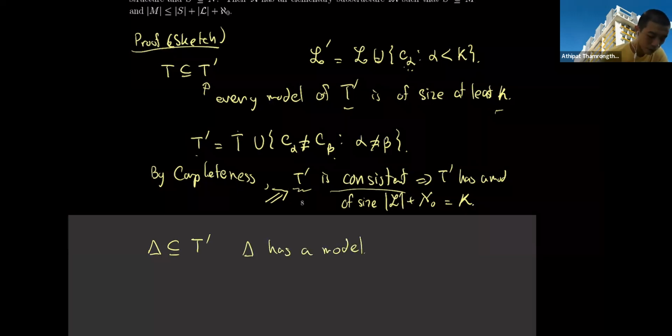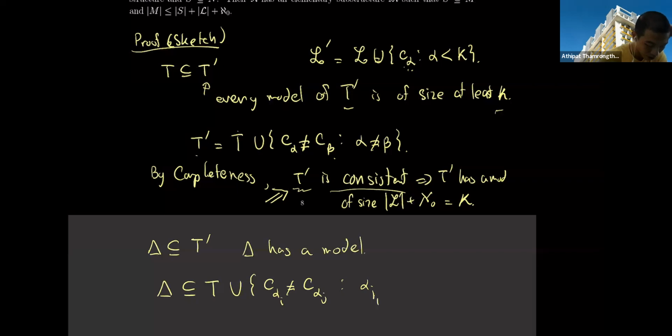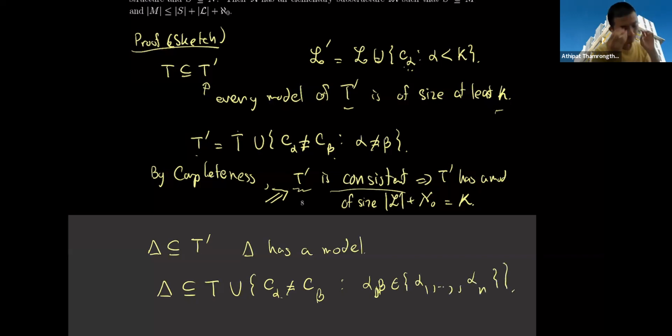But when you consider these deltas, you can see that delta is a subset of T union c_alpha_i not equal to c_alpha_j, for alpha and beta, and you just pick only finitely many of them, alpha_1 up to alpha_n.